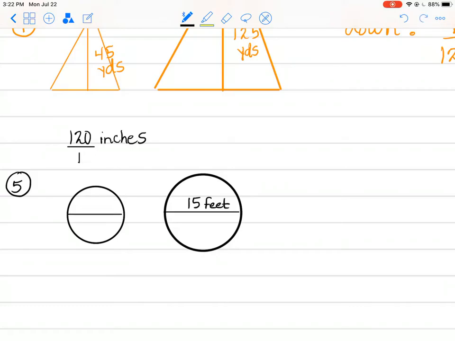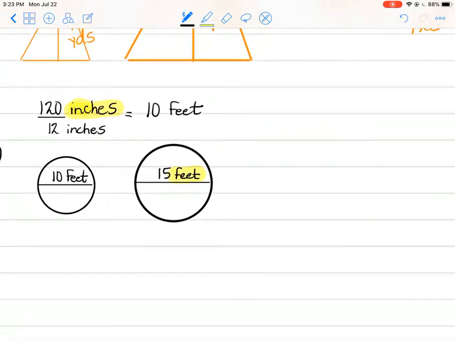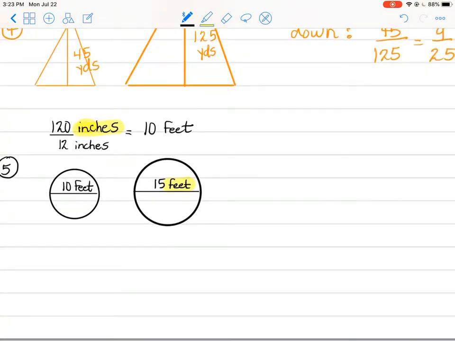So if you divide that 120 by 12, that will give you 10 feet. So baby is only 10 feet in diameter. So be careful there. And my clue was this. This was inches and that was feet. And I cannot do that. I have to have like units before I can make this comparison.